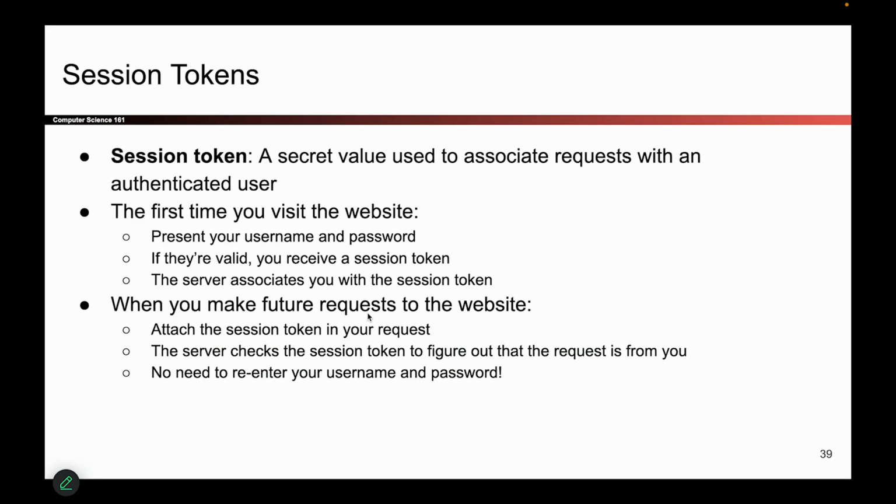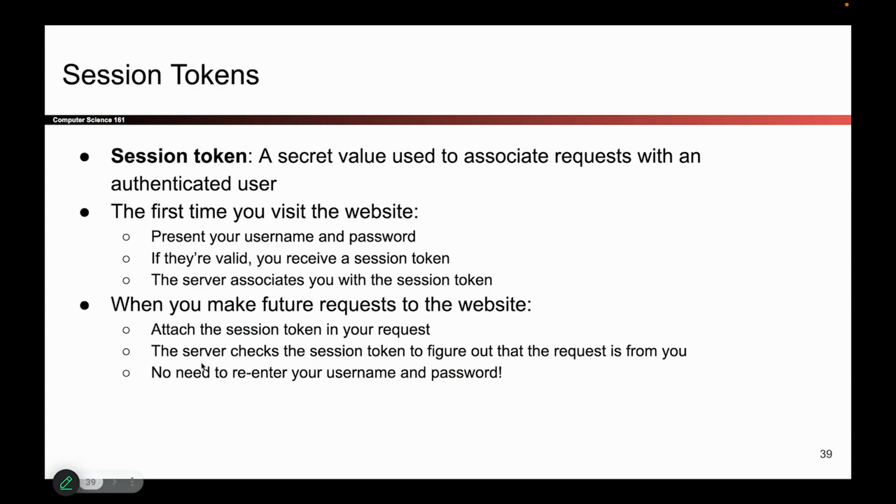Now later, if you want to check your email and you don't want to have to log in a second time, then all that your browser has to do is automatically attach the session token in the request. Remember we said that the browser automatically takes relevant cookies and sends them with the request. So if the session token's in a cookie, you take out that cookie and you send it along with your request.